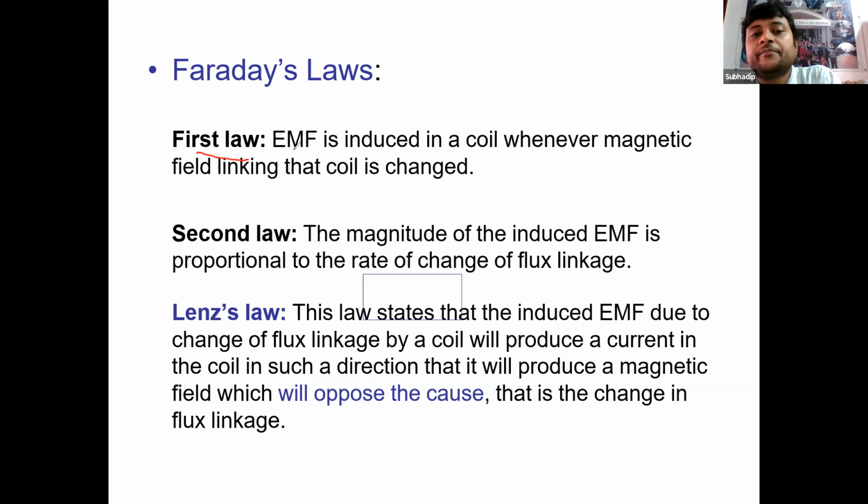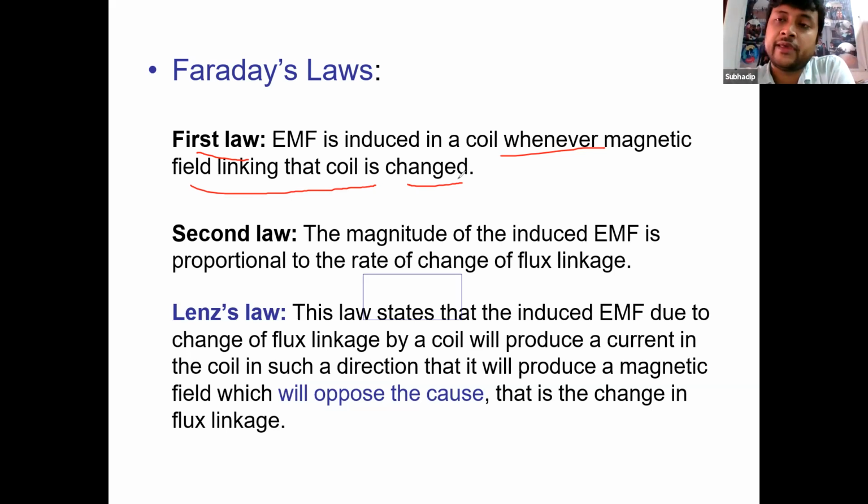Now we'll move on to the first law. The electromotive force is induced in a coil whenever the magnetic field linking that coil is changed. That means when a flux links the coil, if there is a change of flux, there will be a flux cut as per Faraday's law of electromagnetic induction.